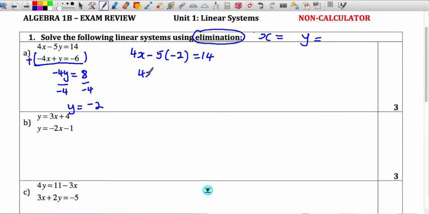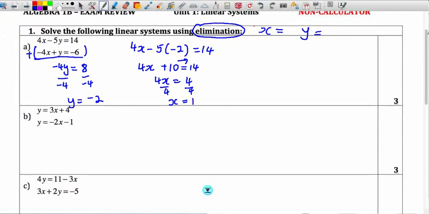Minus 5 by minus 2 leaves me with plus 10. Move the 10 to the right hand side, so it becomes subtract: 14 minus the 10 leaves me with 4, divide through by 4, and I have my x value of 1, y value of minus 2, and that's the first question.